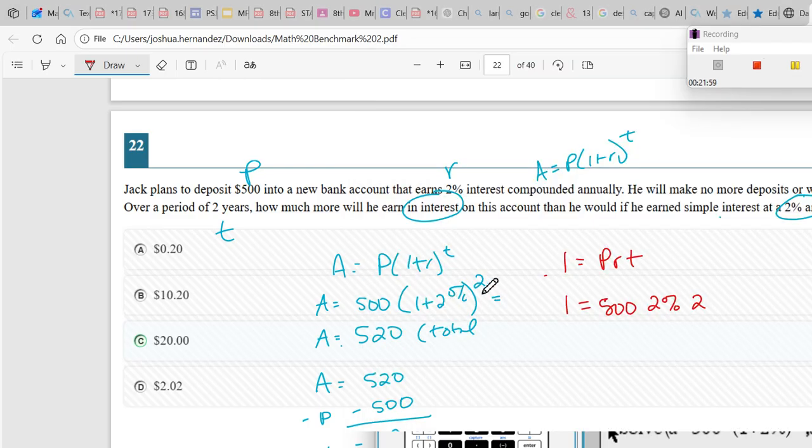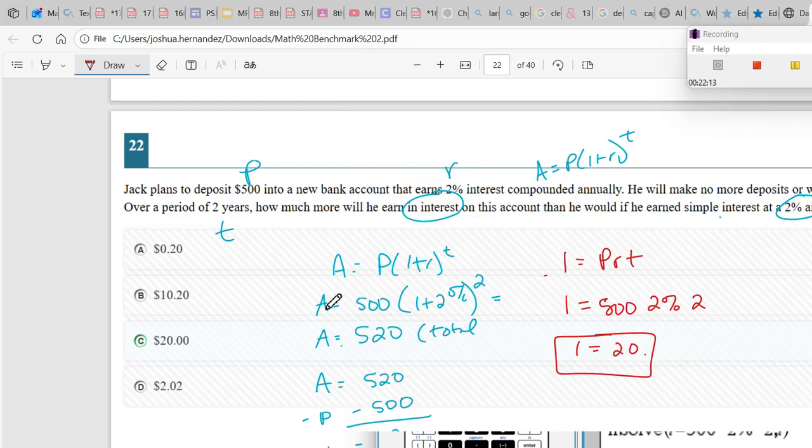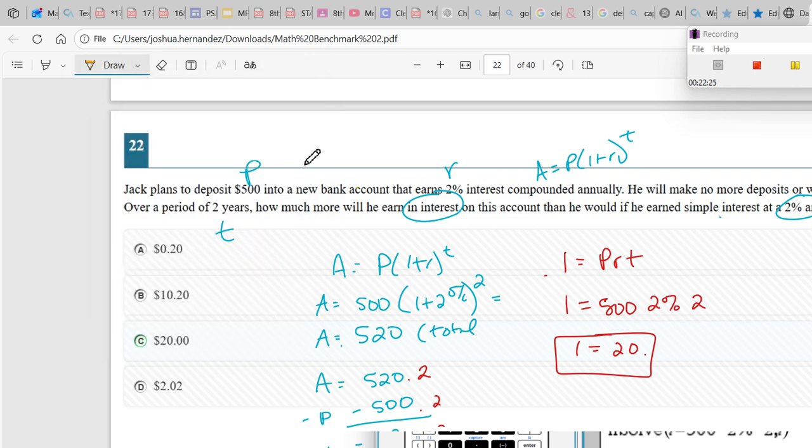Oh, no. Did I miss something? I equals $20. So that's how much interest here. Let me go back and see what this is. Oh, whoa, 0.2. I didn't see that 0.2. All right. So this one is going to be 520. Now the question asking, this is the question: how much more interest? More interest. Okay, so this is the interest here in this one. This is the interest in the other one here.